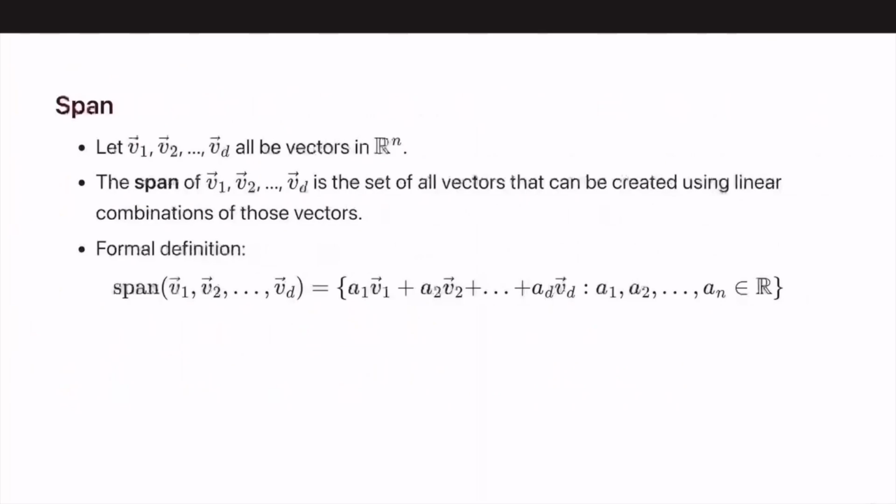I suppose you could say that the span of a set of vectors is the set of all other vectors that can be reached by using whatever component vectors as building blocks. So for example, we have some space here, and we have 2 vectors.